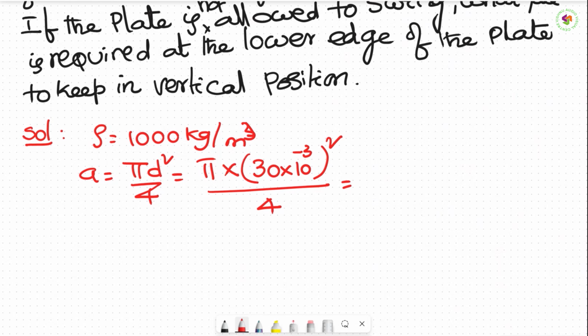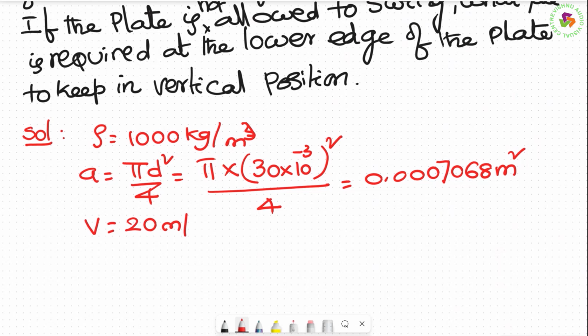If you calculate that, you get 0.0007068 meter square. Please check all the things. So A is also done. V is equal to 20 meters per second.